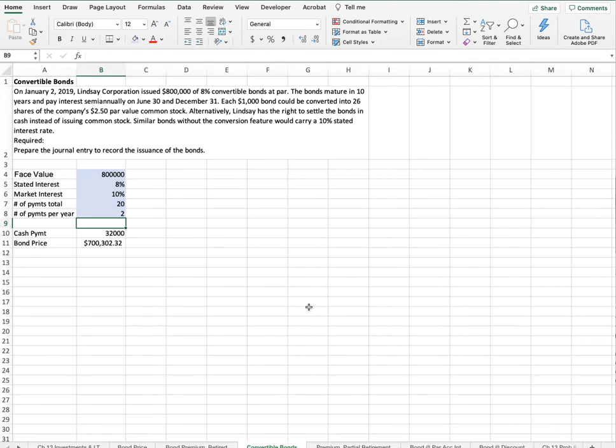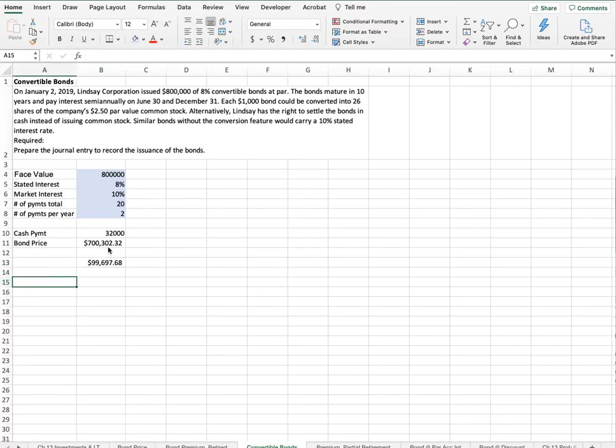So because the bonds can be cash settled, equity recognition must be provided, and you could use the present value tables to figure out the present value of the principal and also the present value of those interest payments, but we can also just do it this way in Excel using the present value function, and then just subtract the face value and the bond price to get the discount on the bond payable of $99,697.68.